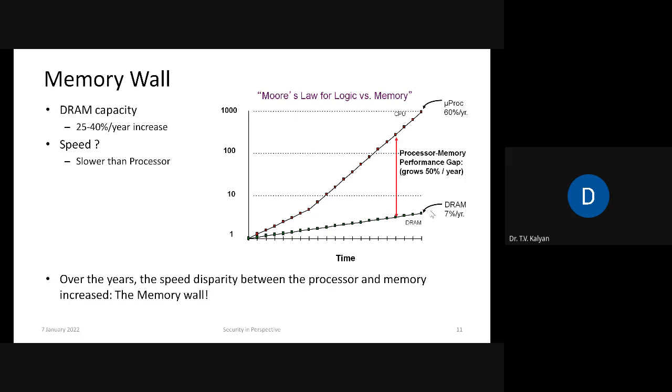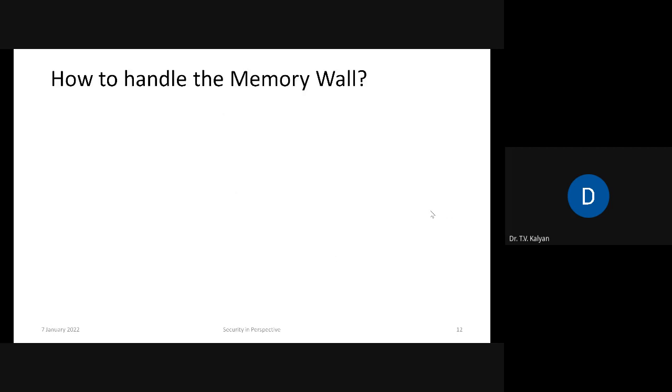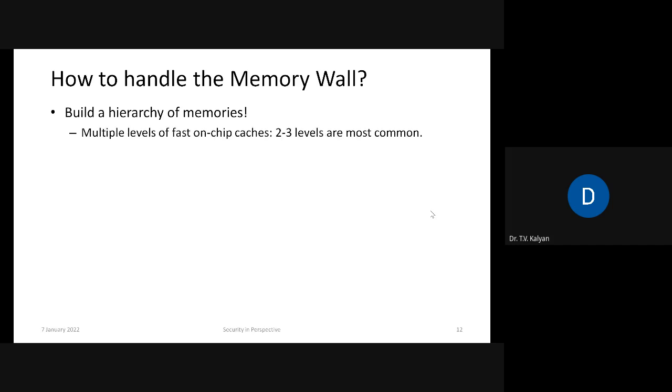So the conventional memory wall definition is that the latency of the memory is too high when compared to the latency of operations within the CPU, right? So to handle this conventional memory wall, one popular approach was to build a hierarchy of memories, right?